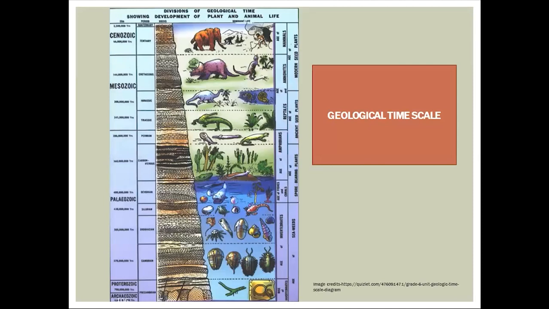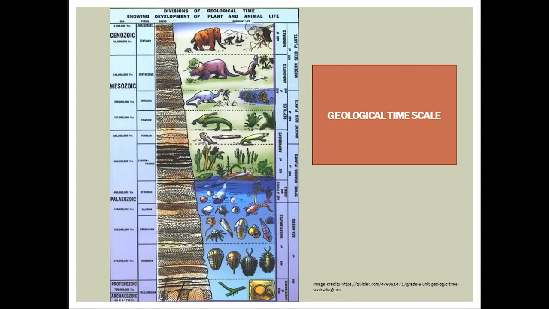Now this is the geological time scale. Based on the study of different layers of the rock and the fossils that were found in these rocks, the events in the Earth's history were classified into certain time zones. The largest one is known as an eon. An eon is subdivided into many eras.